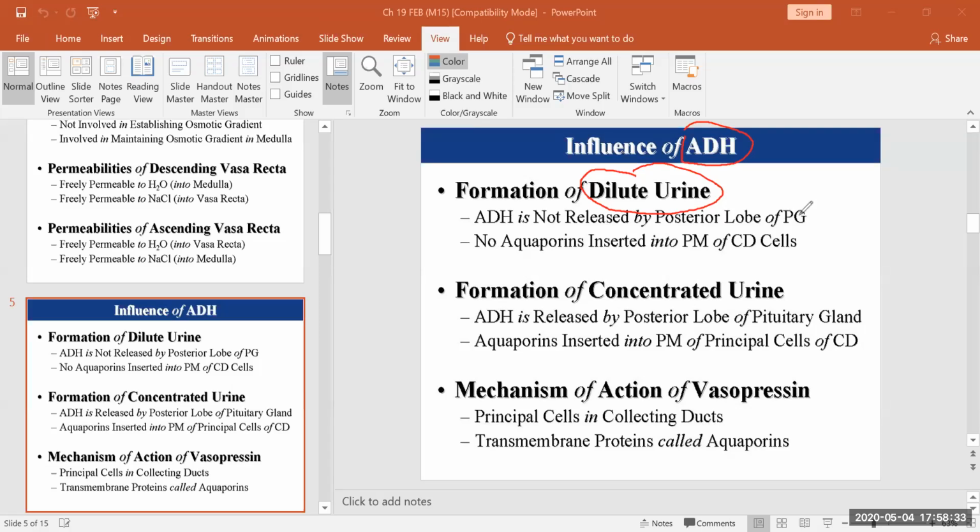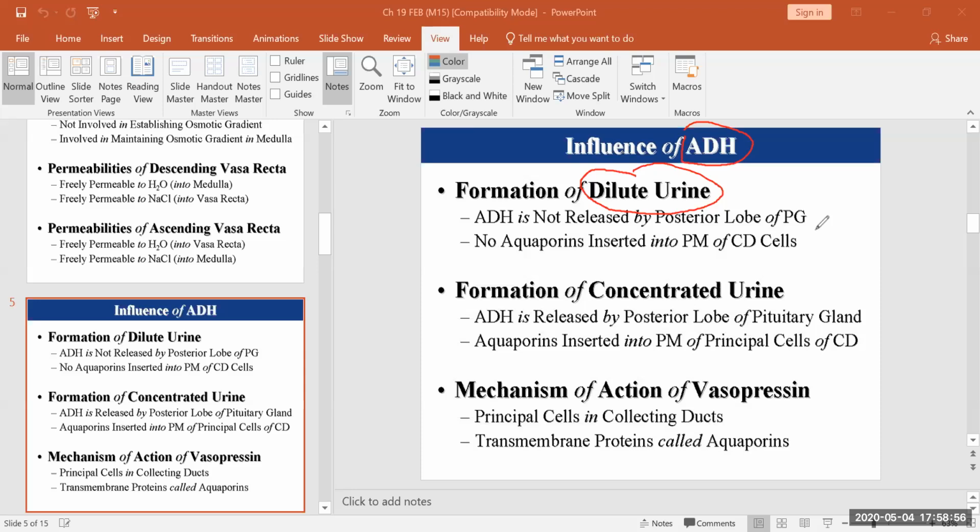PG is then posterior pituitary gland. So you can say posterior lobe of the pituitary gland or simply posterior pituitary. Okay. So when ADH is not released, the kidneys keep producing dilute urine, anywhere from 50 milliosmol to 100 milliosmol.